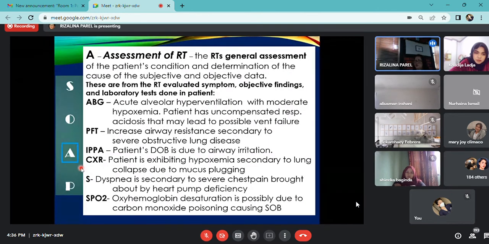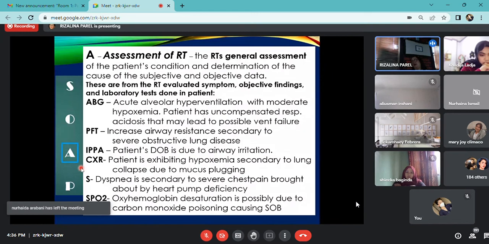Then we may also use yung kanyang chest x-ray result. The patient is exhibiting, not the chest x-ray interpretation, dahil hindi naman tayo nag-i-interpret talaga ng chest x-ray. We will only know the normal and abnormal chest x-ray. Pero yung interpretation niya, doktor yon, yung radiologist yon, o yung x-ray technician yon.